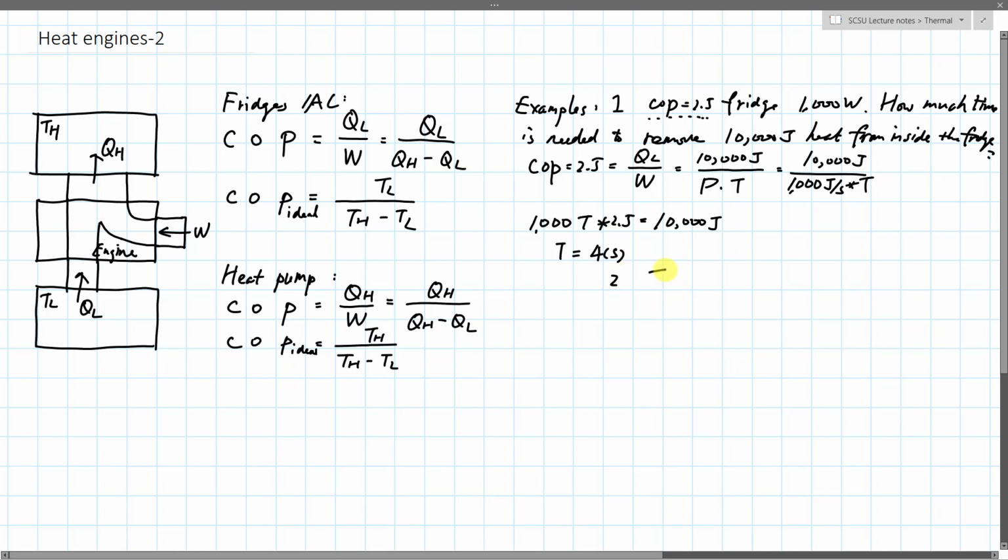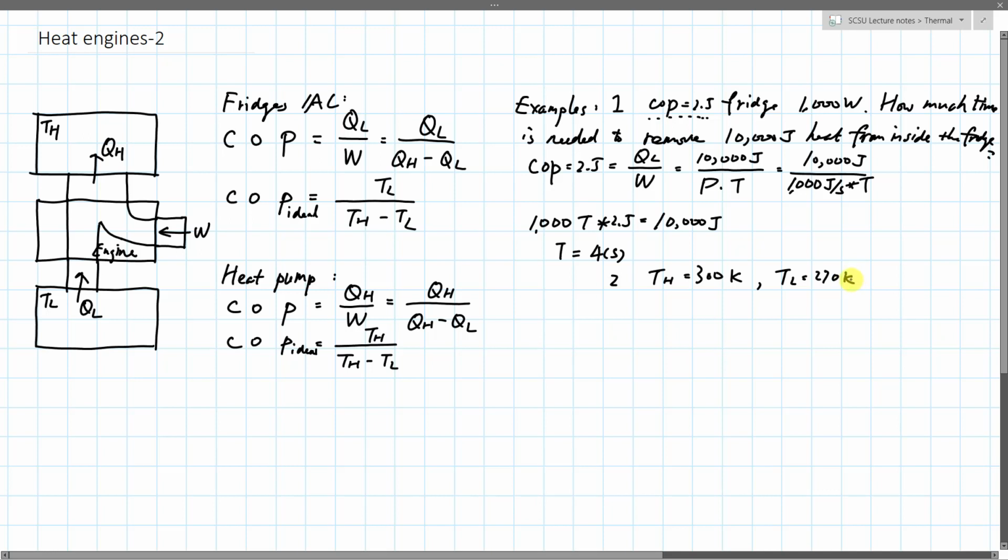Let's say that we have two temperature sources. T high is equal to 300 Kelvin, which is a comfortable room temperature, and T low is 270. It's a bit too cold for the southern U.S., and they're not used to our temperature in the north. So this could be the outdoor temperature, and this could be their comfortable indoor temperature.